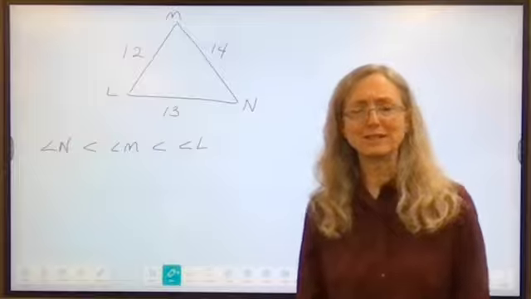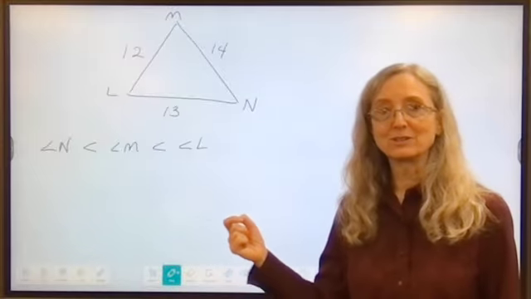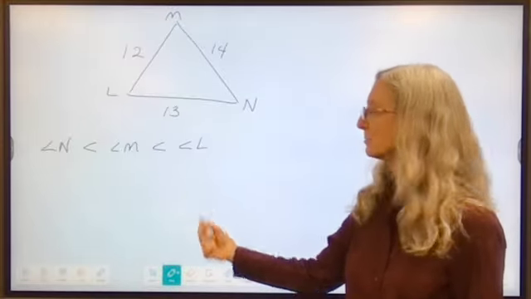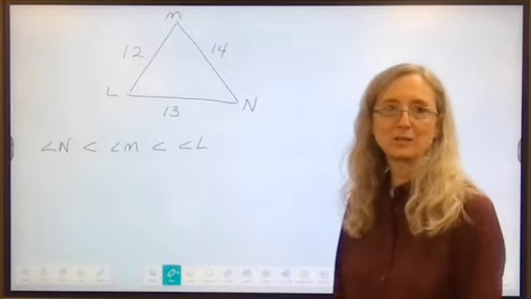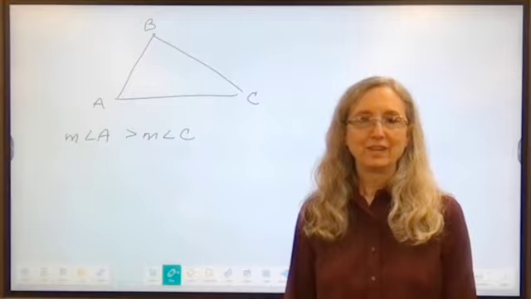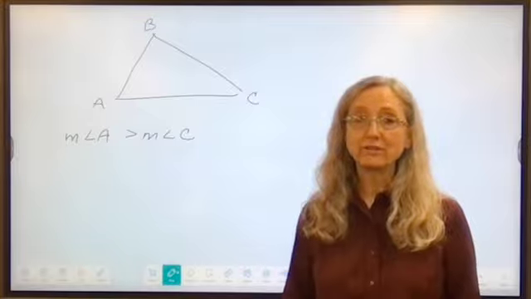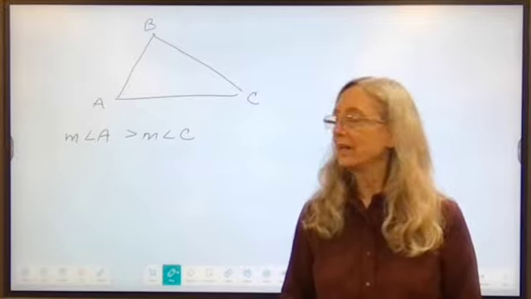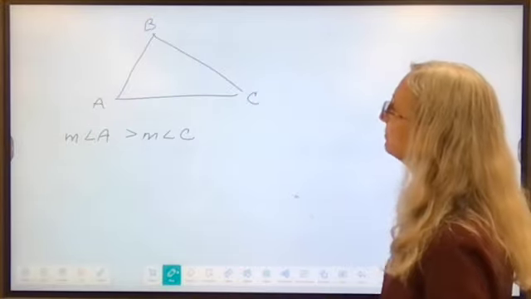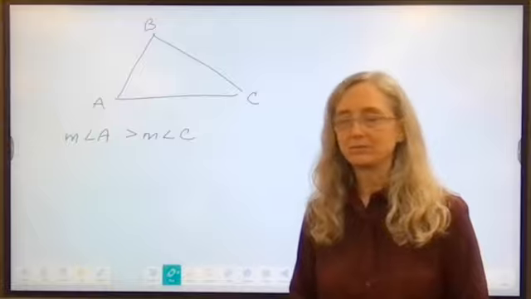It's a little bit tricky writing these angle symbols across from these inequality symbols, so just do the best you can. The reverse relationship, or the converse, is also true. The longest side would be across from the greater angle.